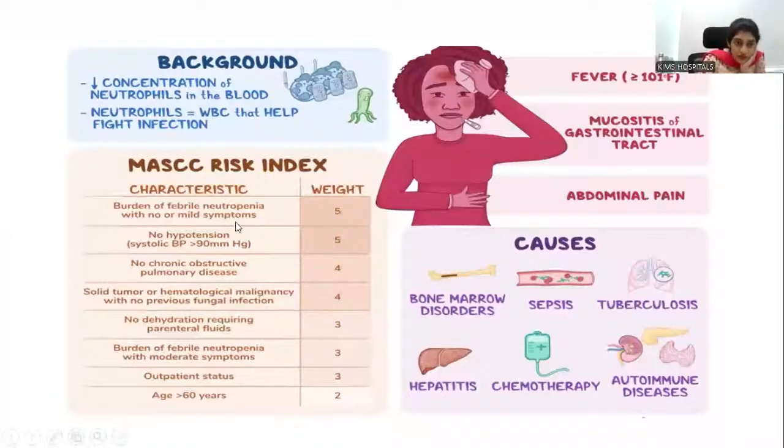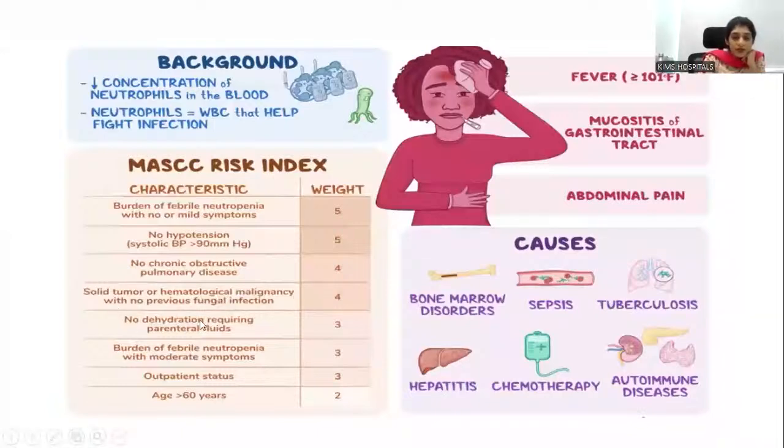If there is a burden of febrile neutropenia with no or mild symptoms, the score is 5. If there is no hypotension, that is systolic blood pressure more than 90 mmHg, the score is 5. No chronic obstructive pulmonary disease, the score is 4. MASCC is even for adults, but for children, any kind of pulmonary disease counts, that is 4.